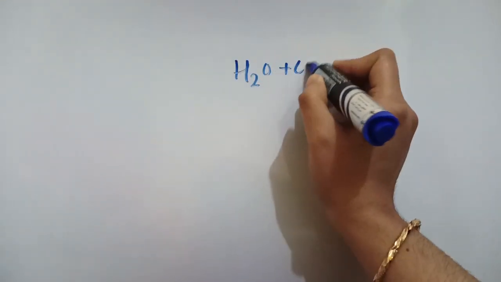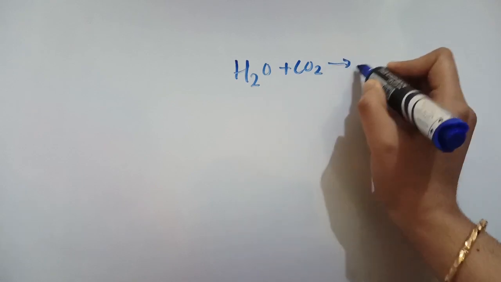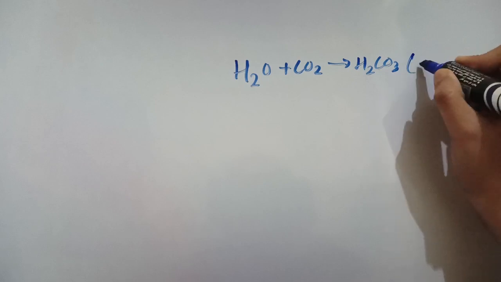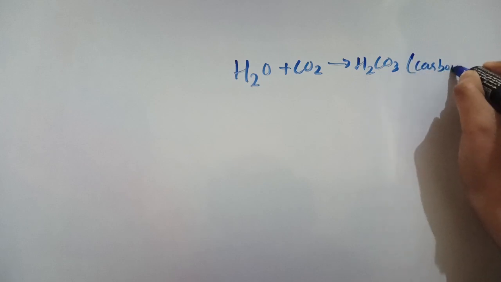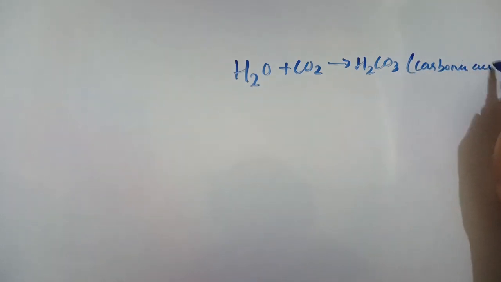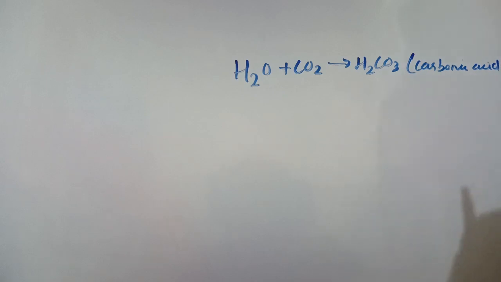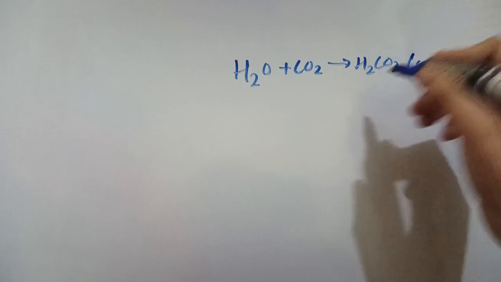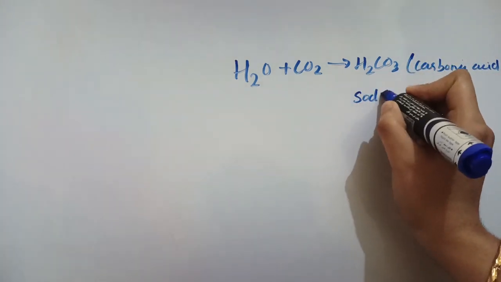Next, consider the equation H2O plus CO2, which gives H2CO3. This is carbonic acid. This carbonic acid is familiar to us, that is, it is soda water.